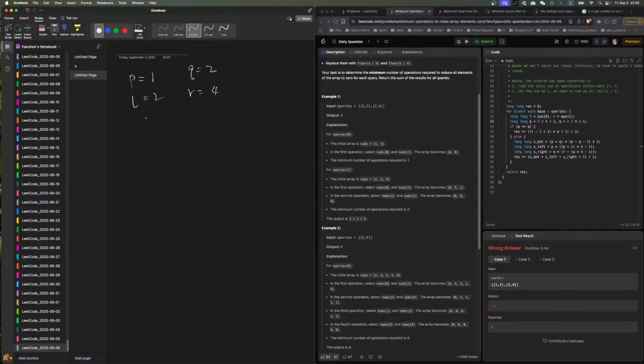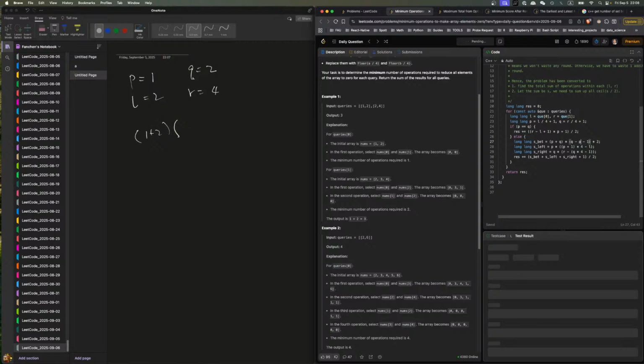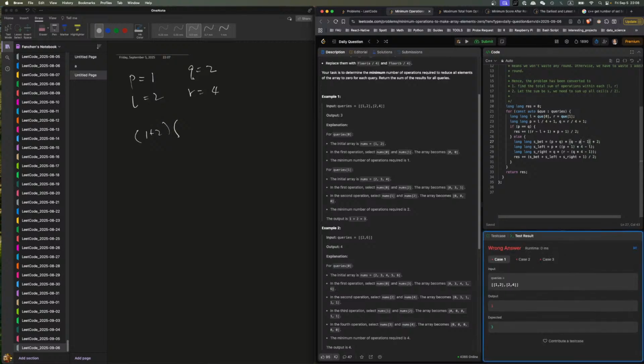So s in between is 1 plus 2 times, oh, I think it's Q minus P minus 1.